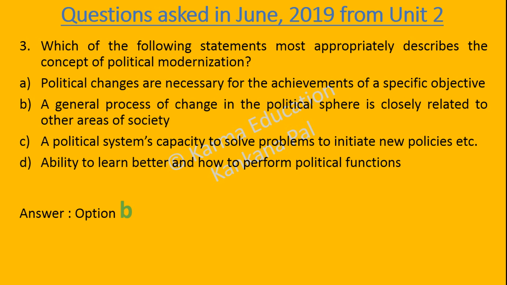So here most appropriately described option is option B, that is a general process. It is a very common, general process of change in the political sphere. It is closely related to other areas of society. Other areas of society means economic, social, these types. So the answer will be option B.